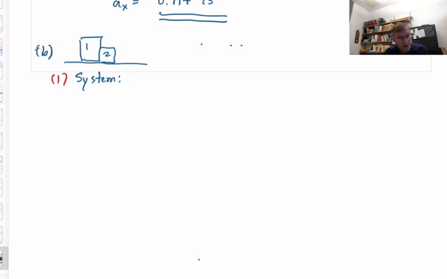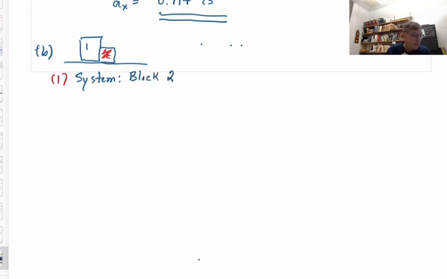But here's what I'm going to tell you now. If my goal is to find the force onto that one due to 1, that's what I want, the force onto that comes from 1, I'm going to pick the system to be block 2. You'll see why in a minute when I draw the free body diagram.